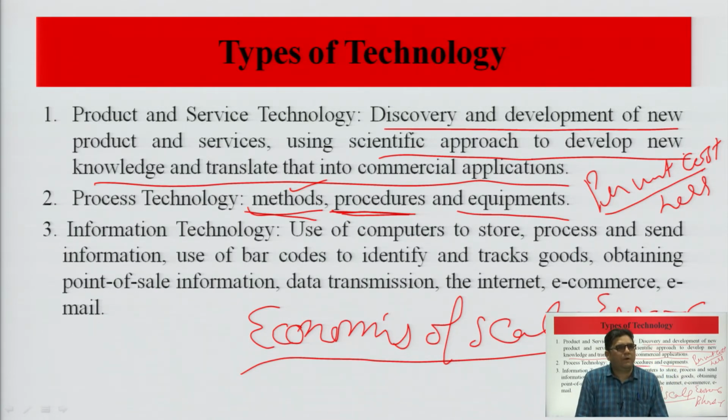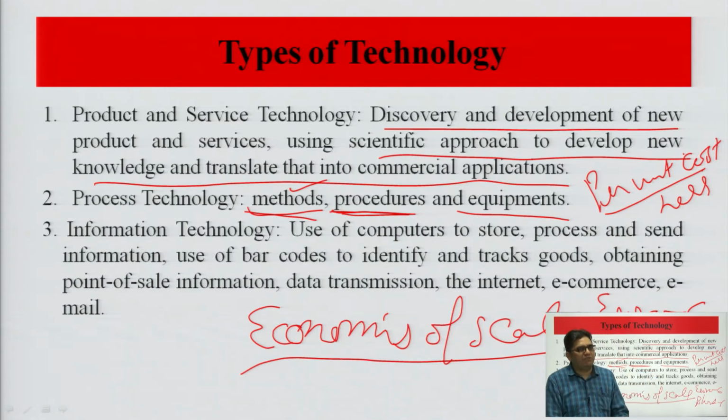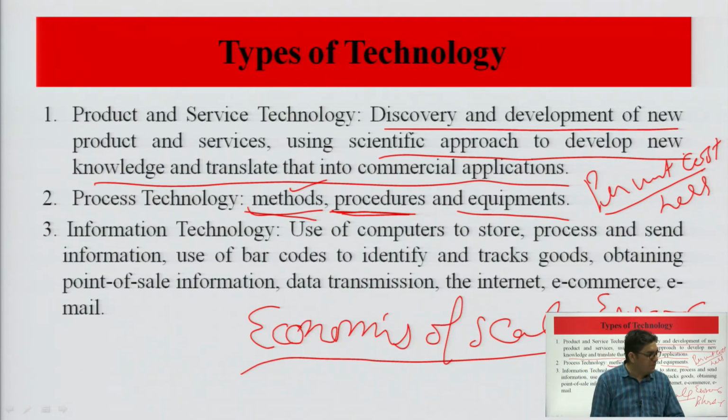Even in a distillery or milk dairy, we may use new methods, new procedures or new equipment, so that productivity can be enhanced. We are discussing in the case of agriculture that MSP is a contentious issue nowadays. Farmers are on strike.